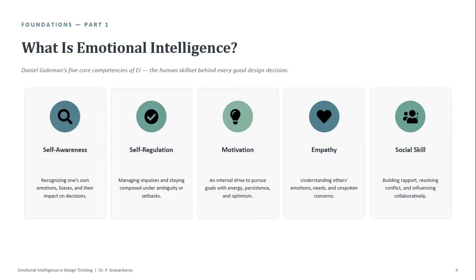First one is self awareness, next, self regulation, motivation, empathy, and social skills. These competencies improve communication, leadership, collaboration, decision making, and innovation. Organizations increasingly recognize emotional intelligence as one of the most valuable workplace skills.